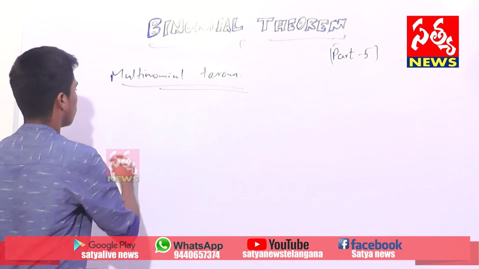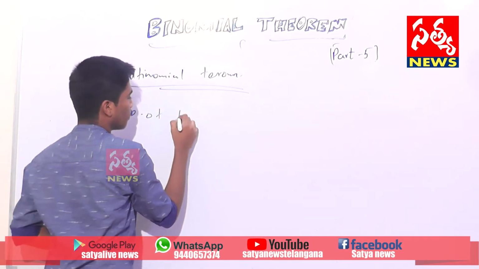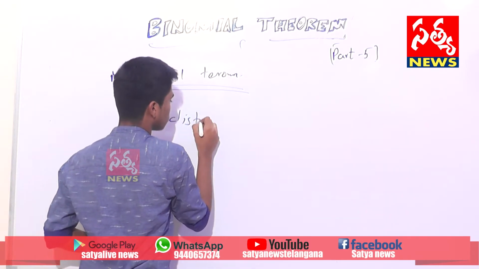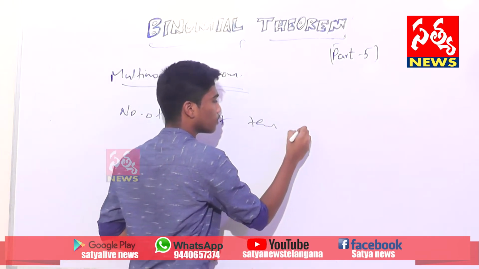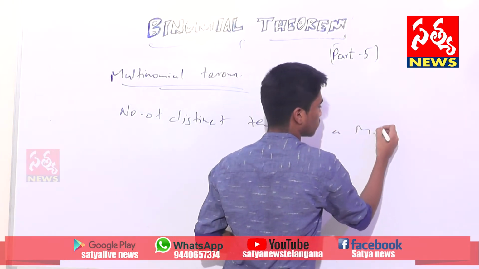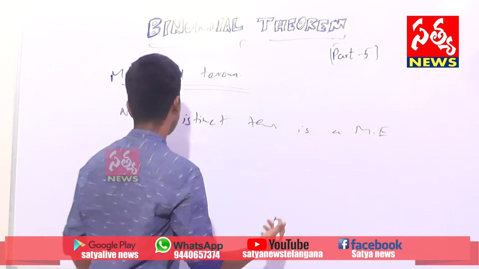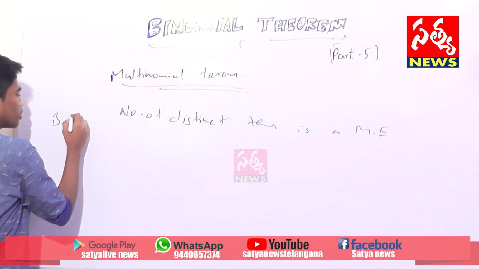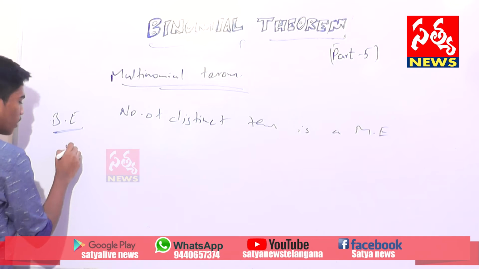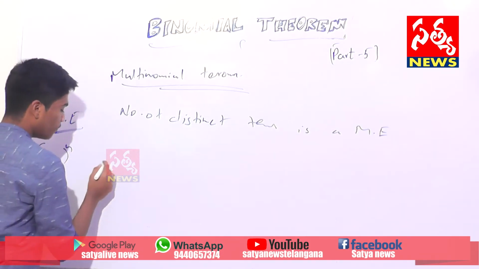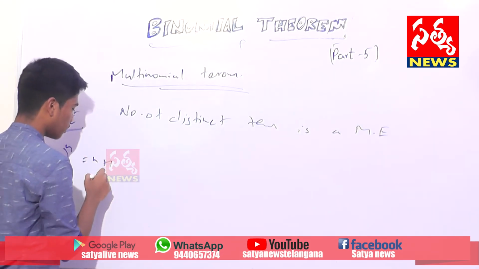Now, finding the number of distinct terms in a multinomial expansion. As we know, in a binomial expansion, if the power is n, we take the number of terms as n plus 1, right?